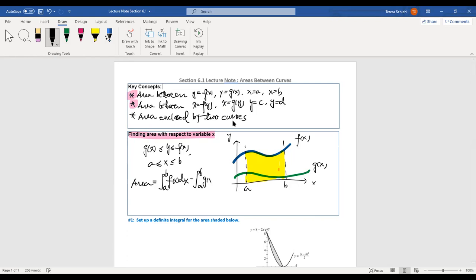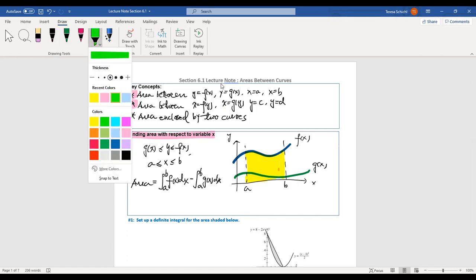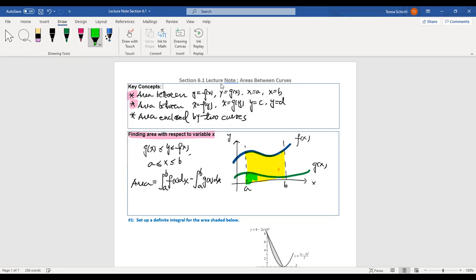This is the g of x dx, right? So where is the g of x dx? It's this area, right? So it's the whole area under g of x and above the x-axis. So then if you minus it, what is it?